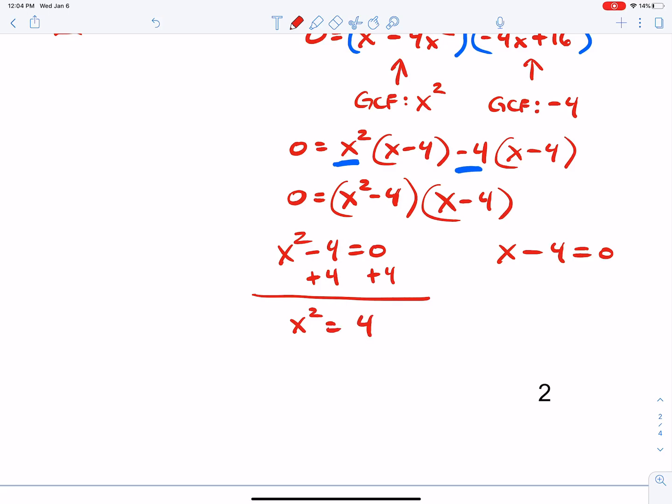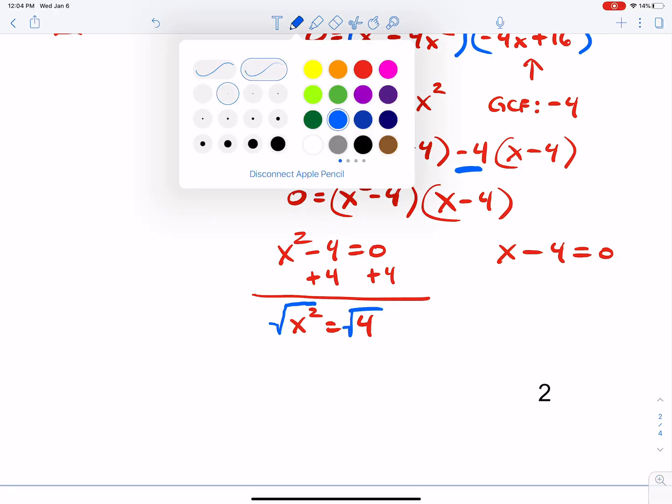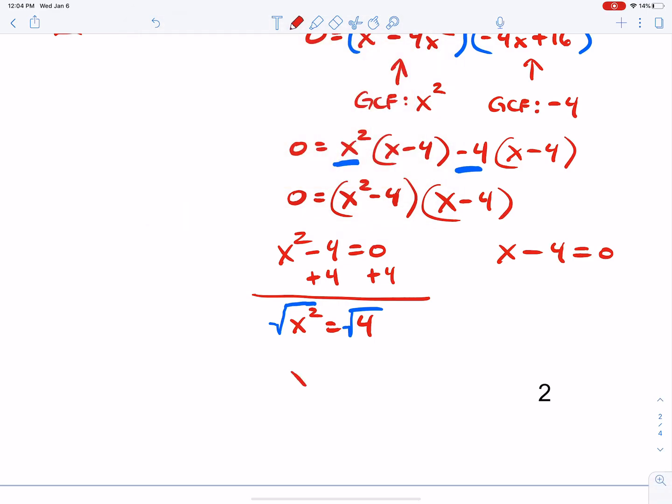We learned that you take the square root, and that will get rid of the 2. Whatever I do to the left-hand side, I have to do to the right. So what you're left with is x equals 2. And then the right-hand side is super easy, right? Add 4 to both sides, you get x equals 4.